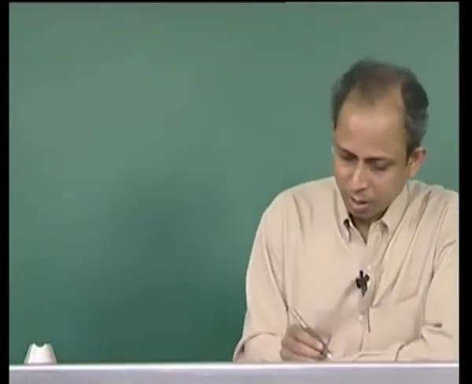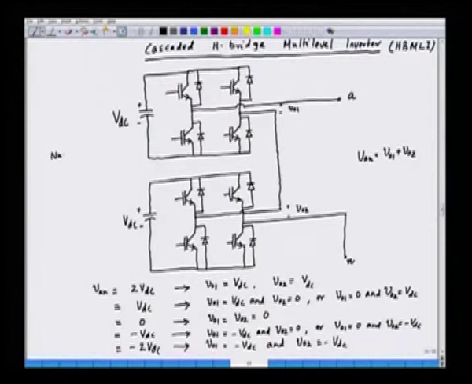So the number of voltage levels is equal to 2n plus 1, where n is the number of H-bridges cascaded.